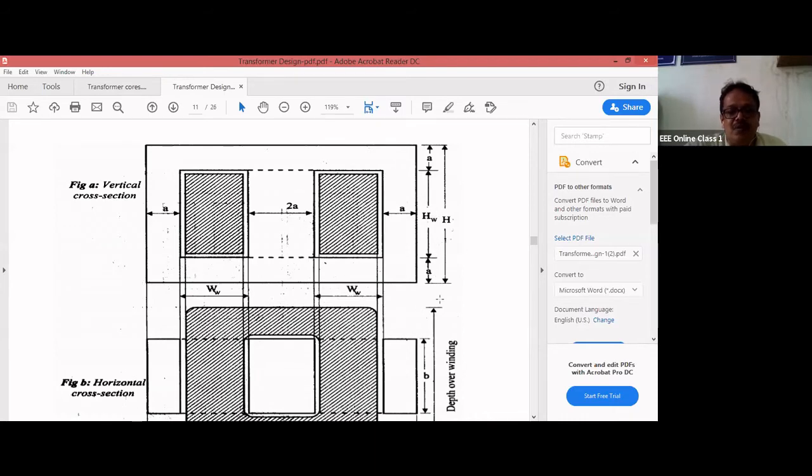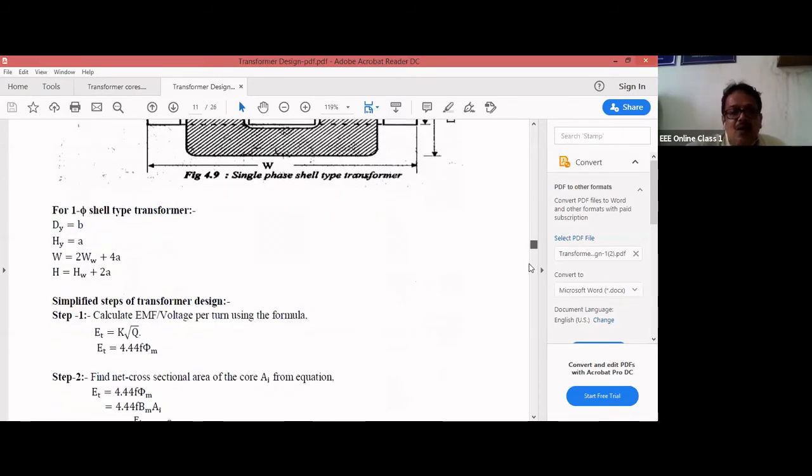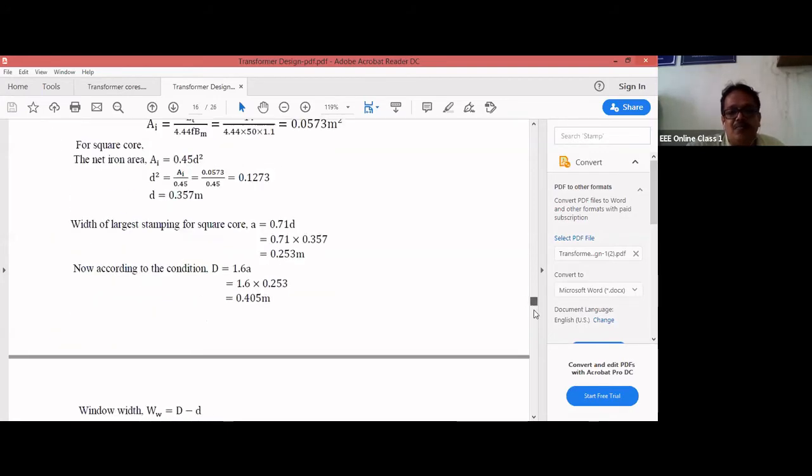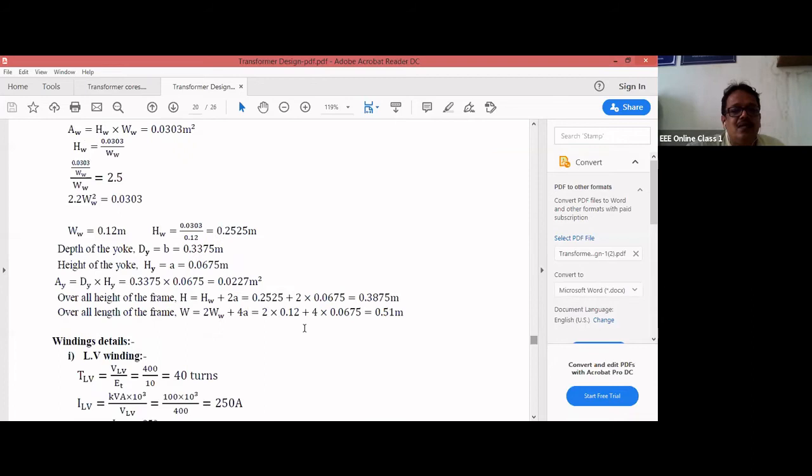And the overall length of the frame will be 2WW plus 4A: WW plus WW, 2WW plus 2A plus A plus A. That is nothing but your overall length of the frame. So 2WW plus 4A, 2 into 0.12 plus 4 into 0.0675, 0.51 meter.